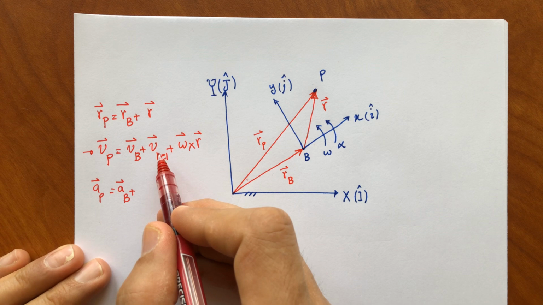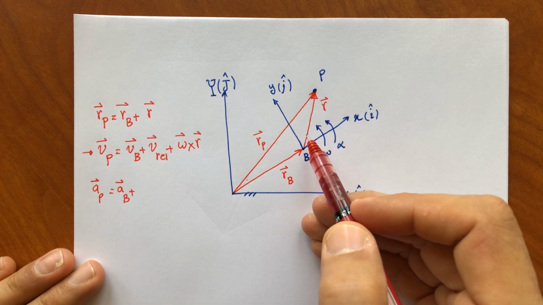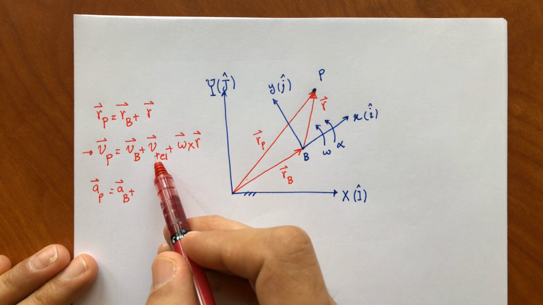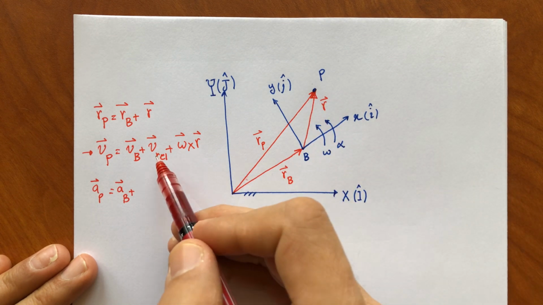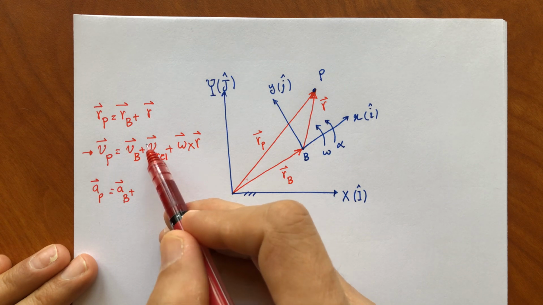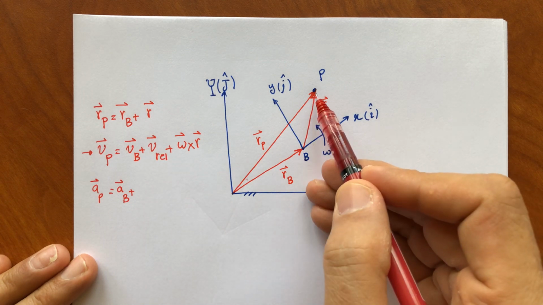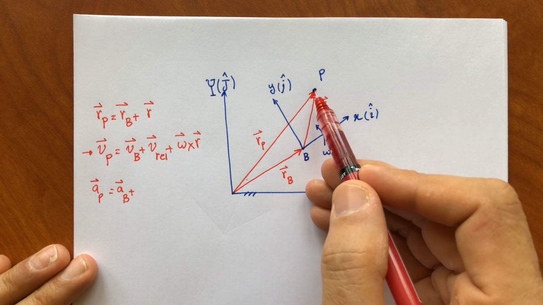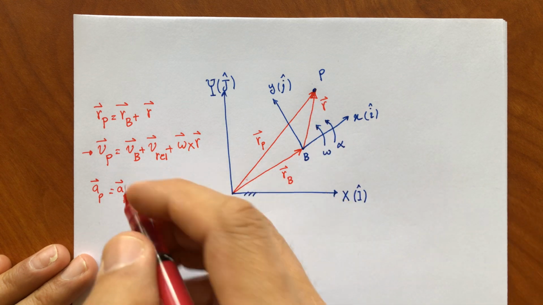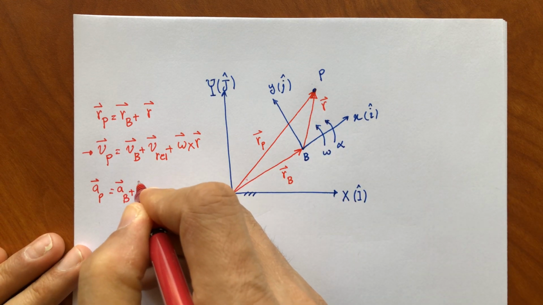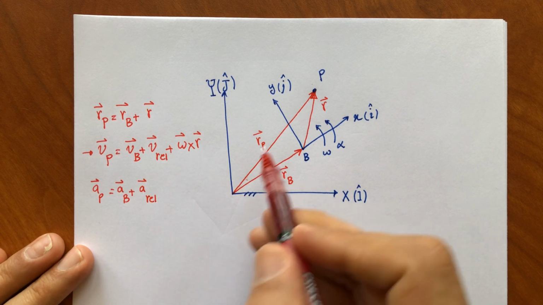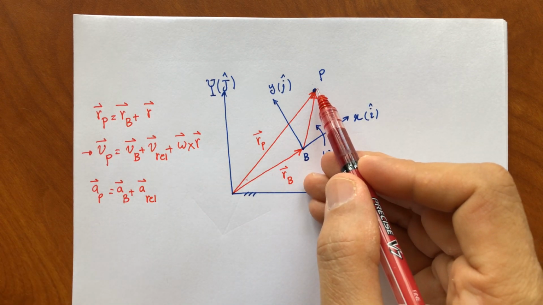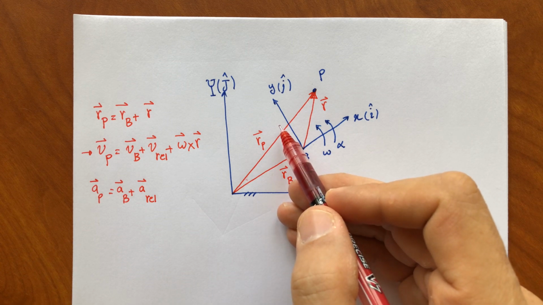If you have a vector in the moving coordinate, to take a derivative of it, first you need to take a derivative of it in the moving coordinate. Which means the derivative of the relative velocity in this coordinate is going to be the acceleration of this point in this coordinate, which I'm going to show with A_REL. Again, A_REL means the acceleration of this point in this rotating coordinate.